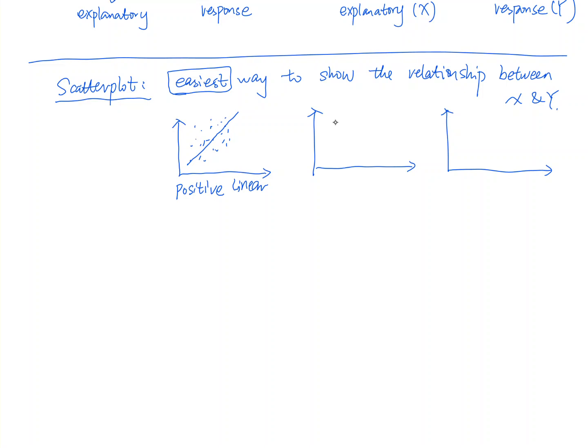If I have points something like that, that shows a decreasing trend, so we have a negative linear relationship. But sometimes the points are everywhere like that, so you cannot even see whether it is positive or negative. In this case, we say there's no clear linear relationship.